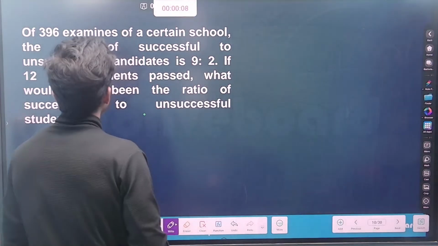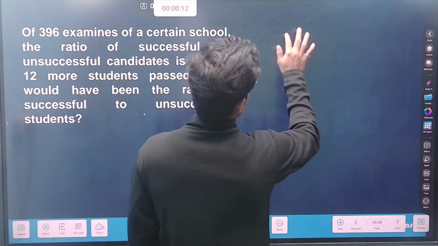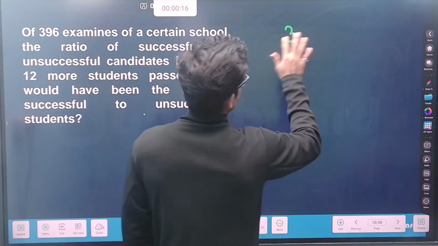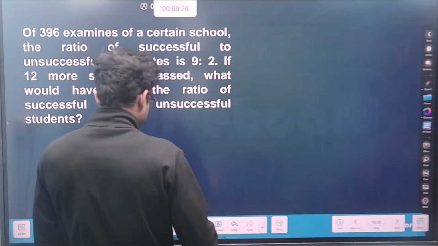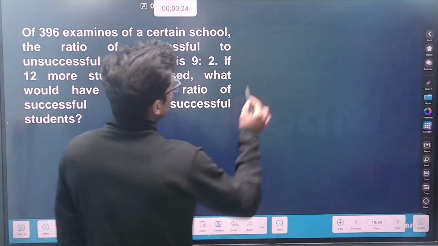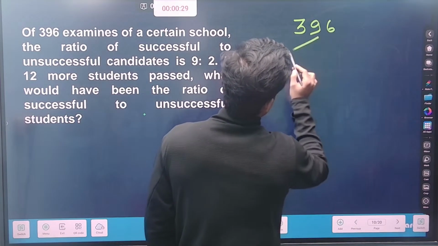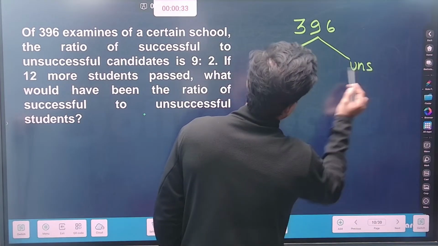So let's see. See guys, basically there are 396 aspirants, out of which some are successful and some are unsuccessful, correct?